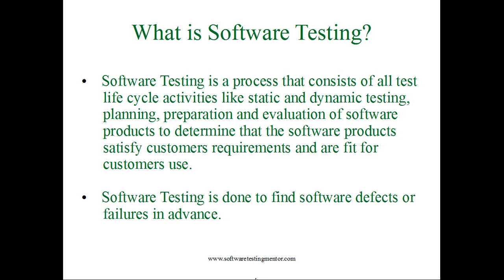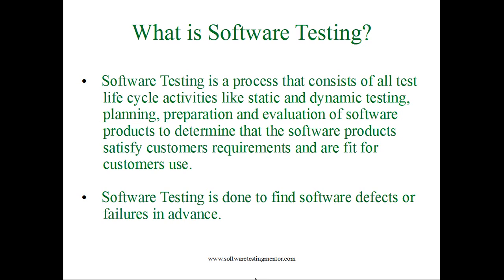Then software testing is done to find software defects or failures in advance. This is the other part of software testing. The first thing is that it's not a standalone activity, it's a process which consists of all life cycle activities.